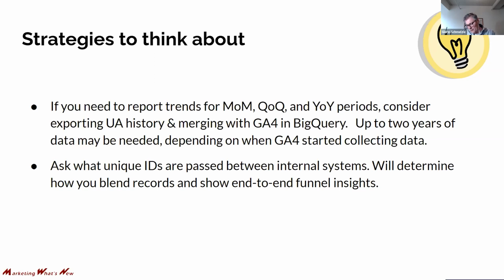I mentioned earlier about IDs. I did want to reinforce that you need to start thinking about how you're passing information. They could be individual or even just relate to how your marketing process works.